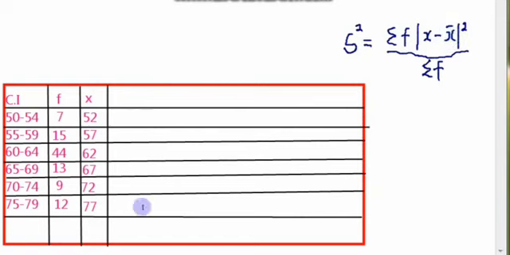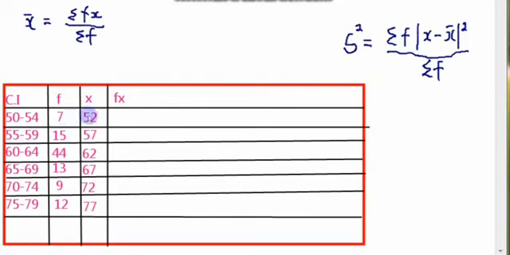So we need fx on this table, because the mean formula states that x bar is equal to summation fx divided by summation f. This is the formula for mean. That's why we need fx on this table, because we cannot do without the mean in our variance.